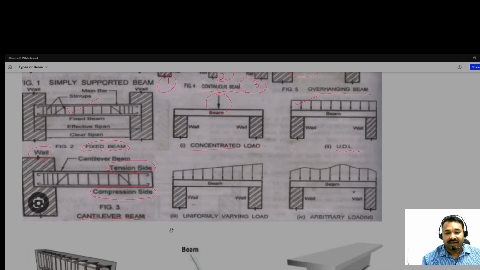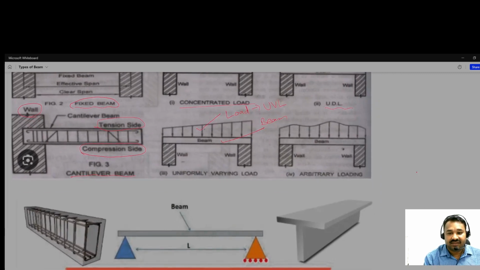And can you identify this is which type of loading? So this is the beam, obviously, and this is the loading, beam and the load, and the load is which type? UVL, uniformly varying load. And what about this arbitrary loading?